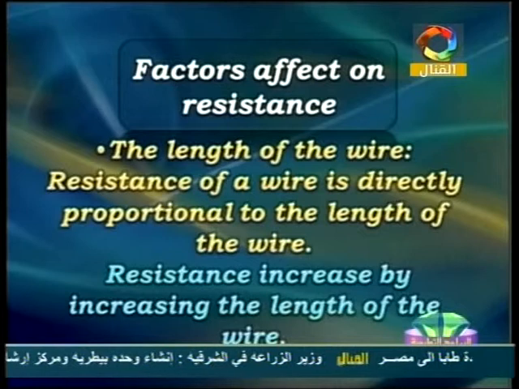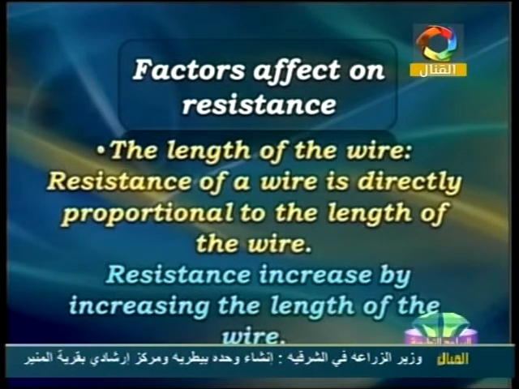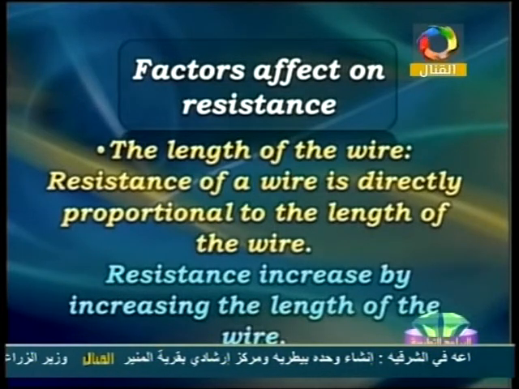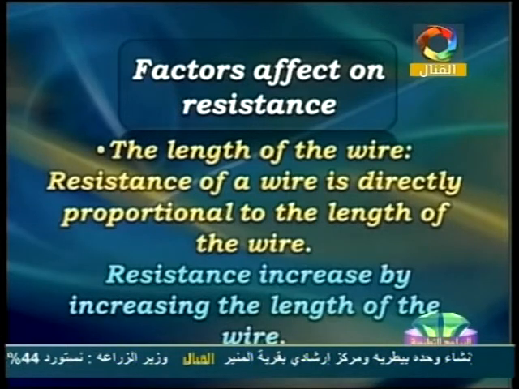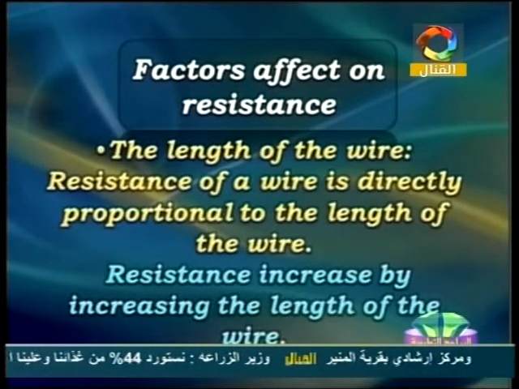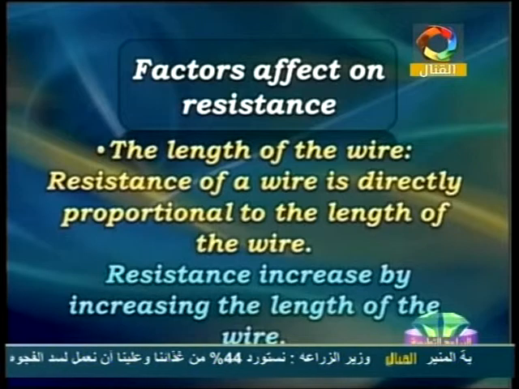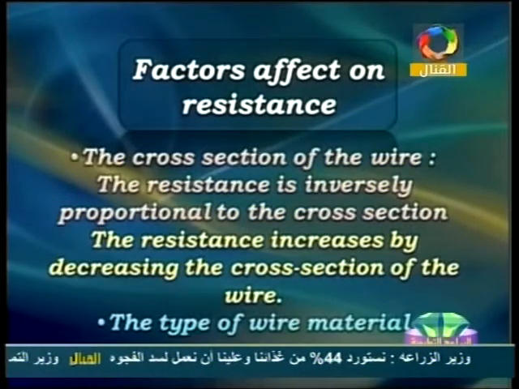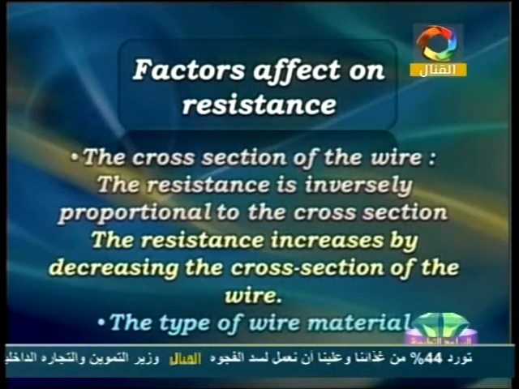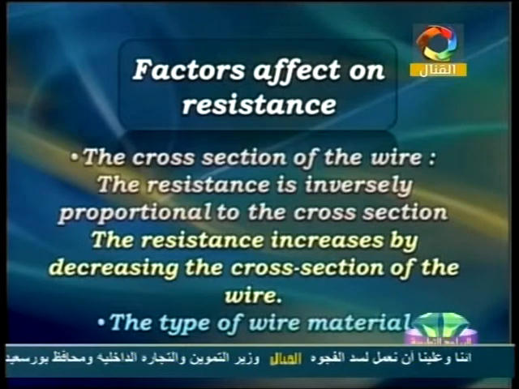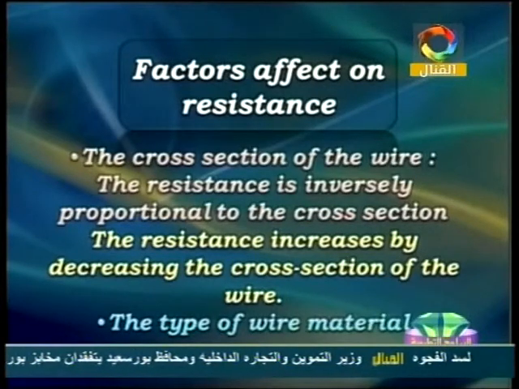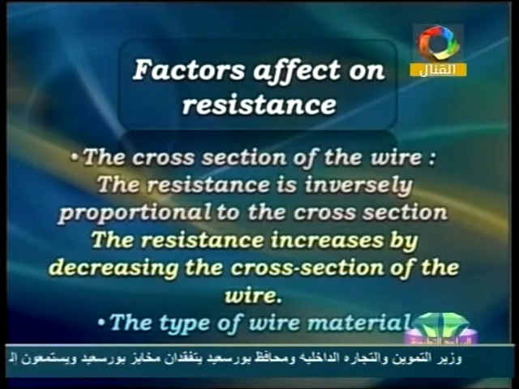So here the factors that affect the resistance: again the length of the wire. Resistance is in direct proportion to the length of the wire, so the resistance increases by increasing the length of the wire. Another factor we have is the cross section of the wire. The resistance is inversely proportional to the cross section of the wire. Why?